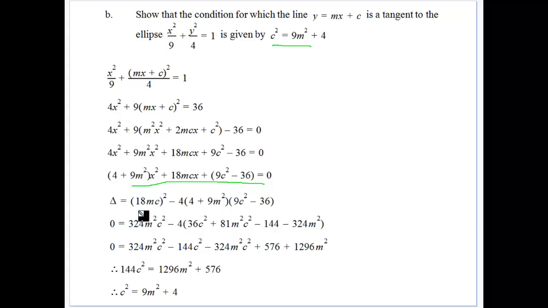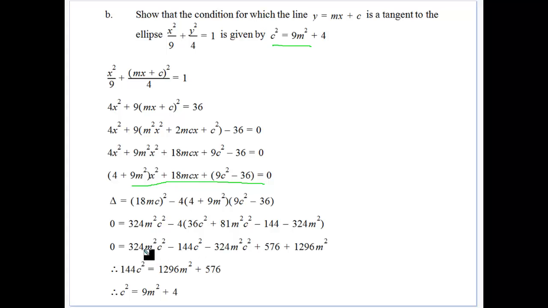So we put it equal to 0, and then start to expand out, and be really, really careful with all of these, because there's m squared, c squared by itself, m squared, so be really careful when you do the expansion. We expanded that bracket with the 4 out the front, multiplied it out, and then started to collect our like terms. So we get 144c squared.